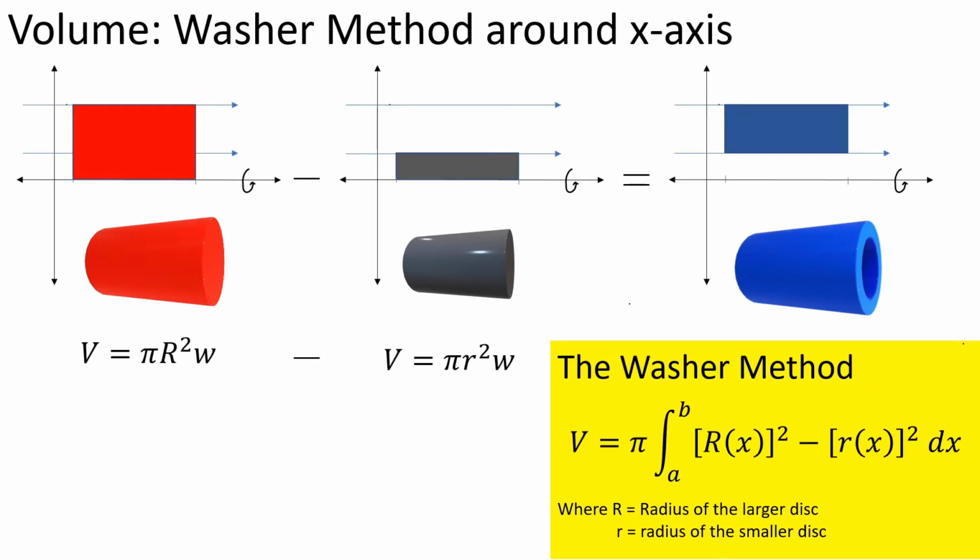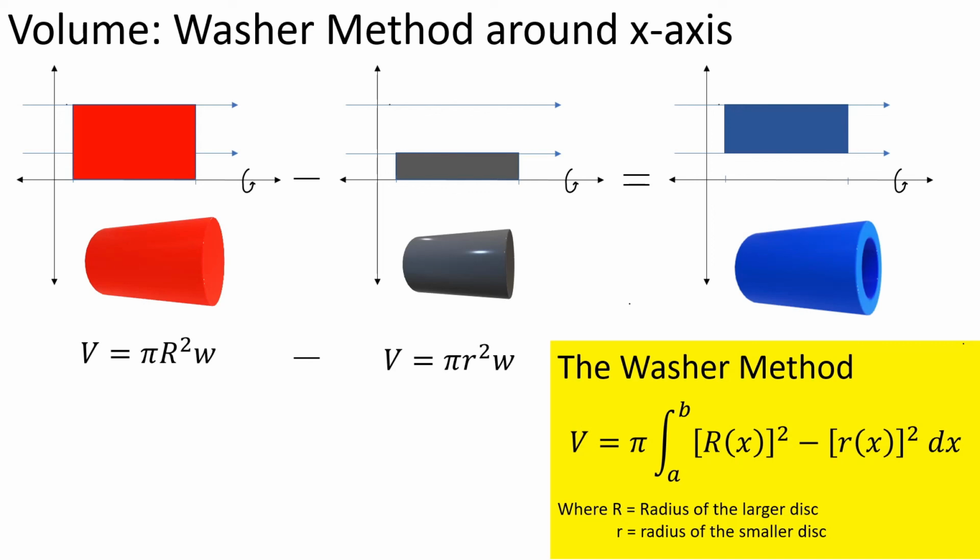To summarize, the washer method has a gap in between the area that you want to rotate and the rotational axis, unlike the disk method. Your goal is to figure out the bigger radius, which is the top of the area to the rotational axis, and also the smaller radius.